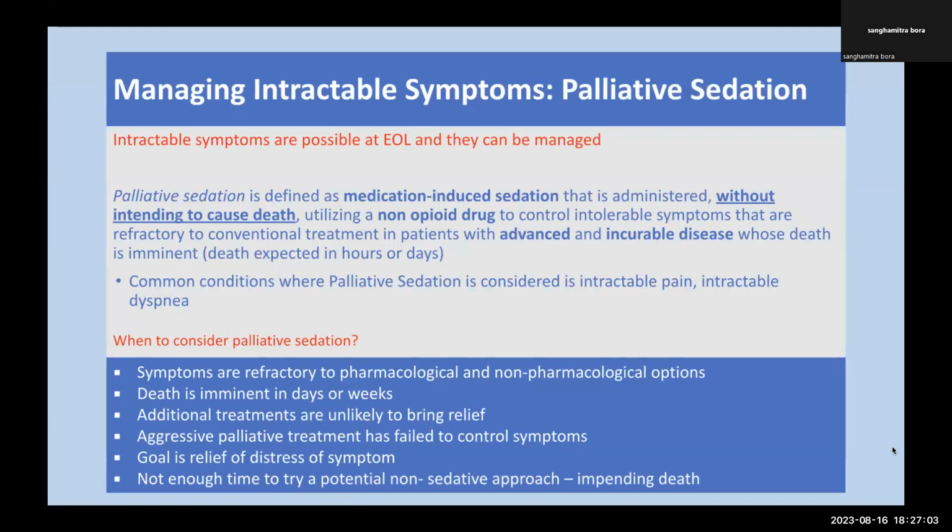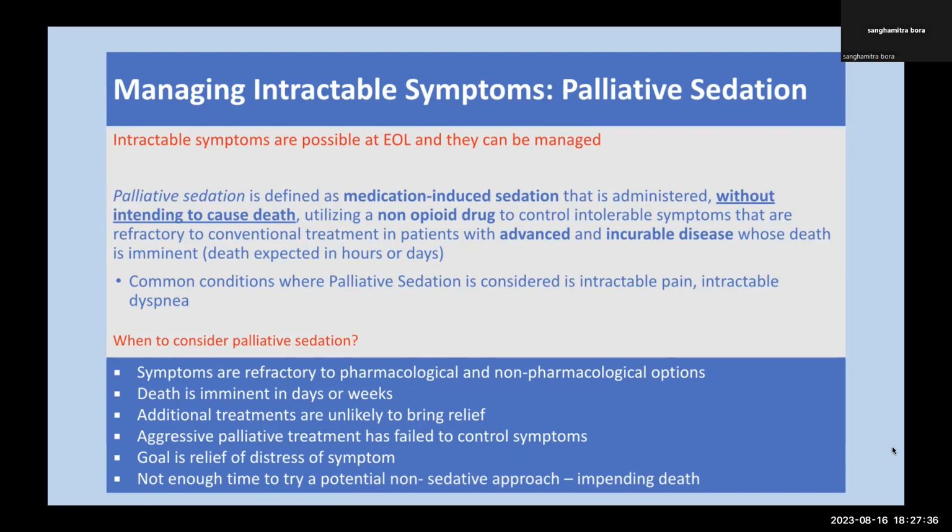Managing intractable symptoms through palliative sedation is practiced in higher institutions where you have a specialized palliative care setup, and these are definitely possible at the end of life care, and they can be easily managed through palliative sedation. I'm not going into much detail on palliative sedation, because it is a different chapter altogether.